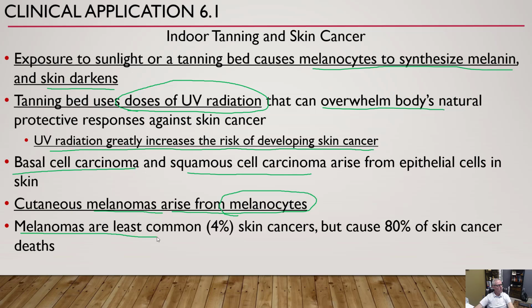But melanomas are not that common. If you look at all of the skin cancers, only about 4% of skin cancers come from melanomas. However, they cause about 80% of skin cancer deaths.